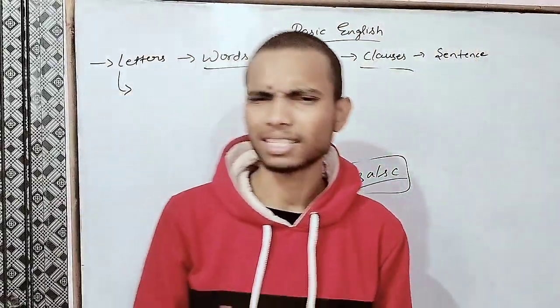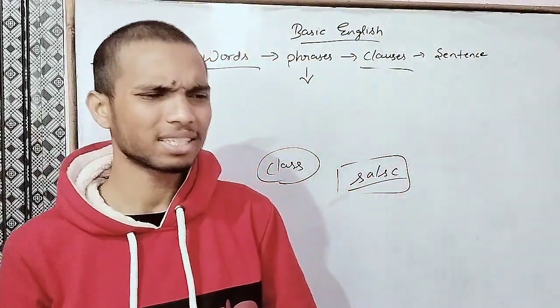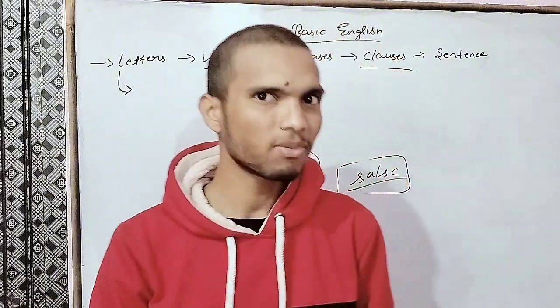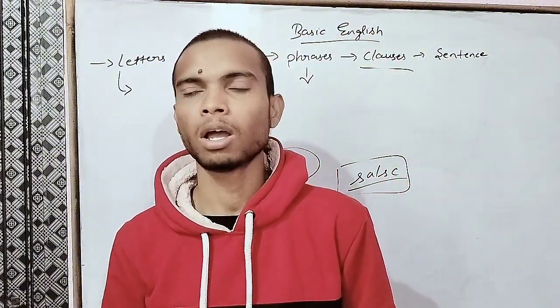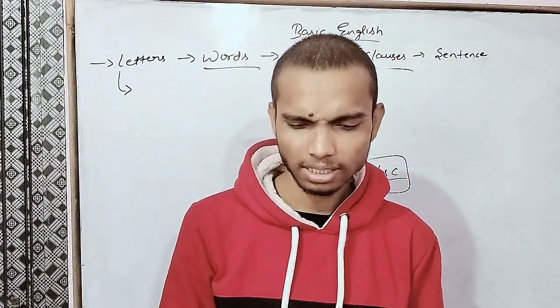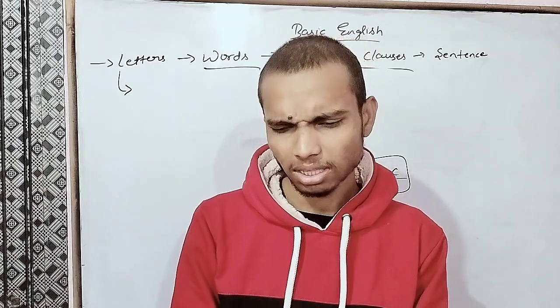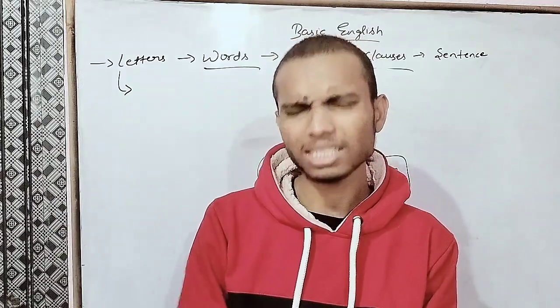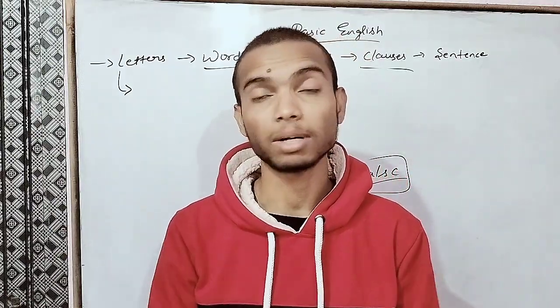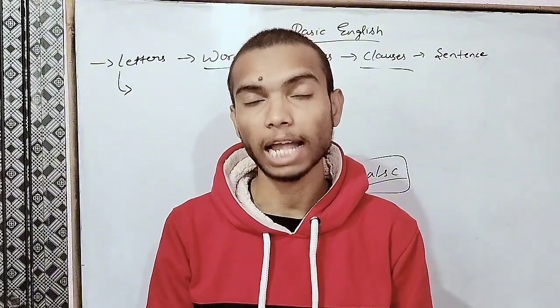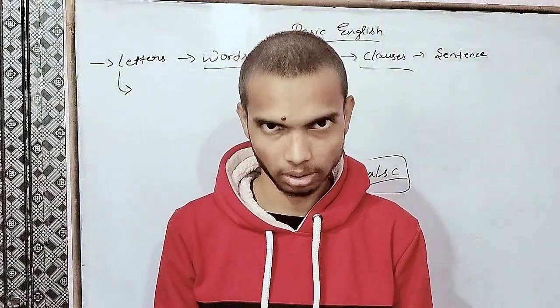Sometimes we will realize that yeah, this sentence is incomplete. Sometimes we will realize that we have a sentence, but the meaning of this sentence is not complete. I am not saying it is not meaningful, I am saying it is not complete.